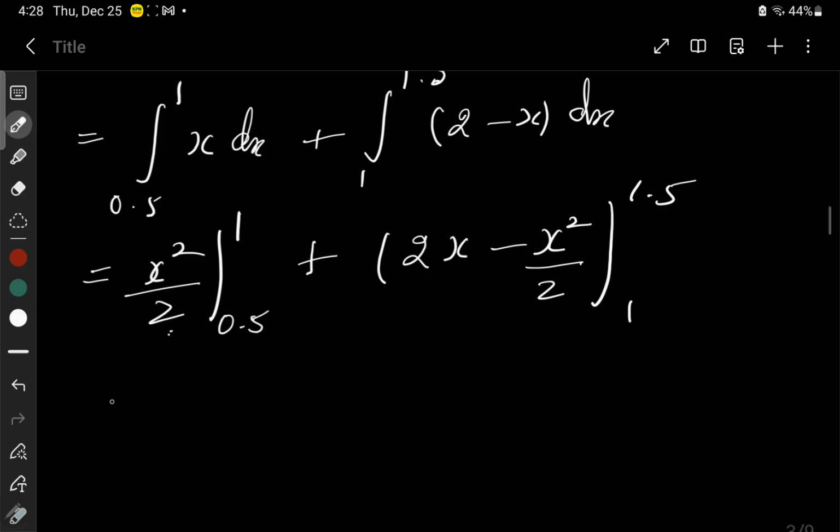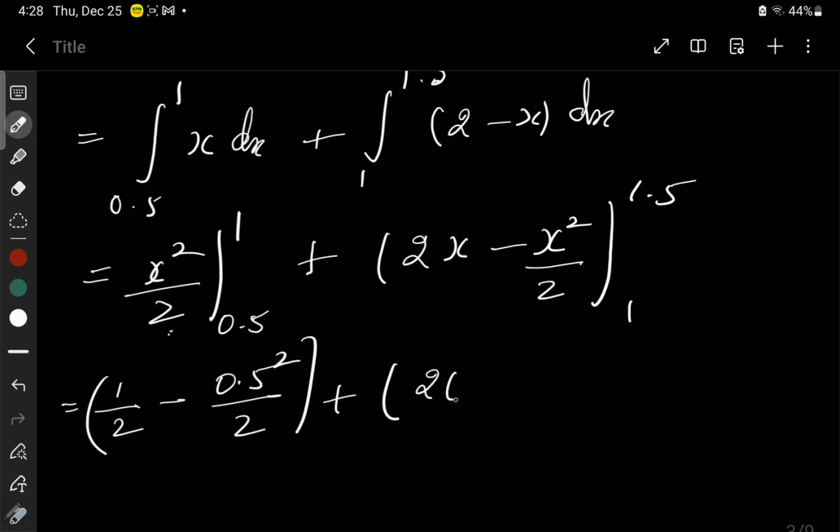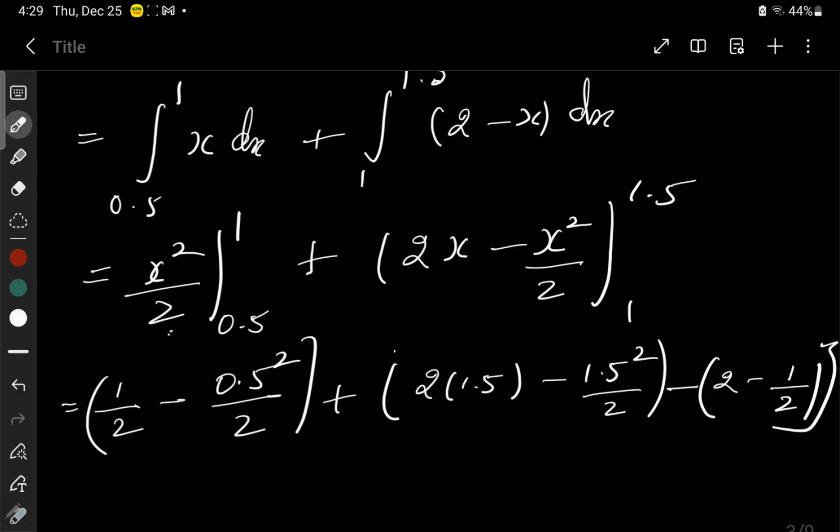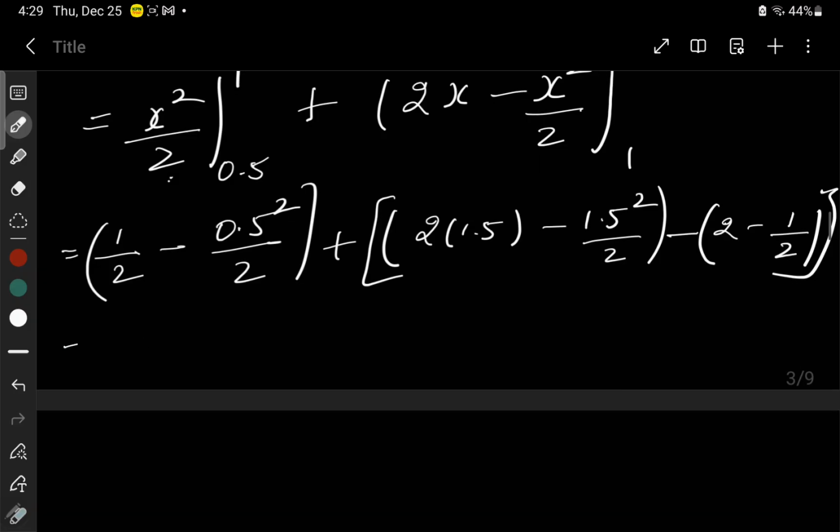So you have to do the simplification here. Apply the upper limit: 1 square by 2 minus 0.5 square by 2, plus 2 into 1.5 minus 1.5 square by 2, minus 2 into 1 minus 1 by 2.